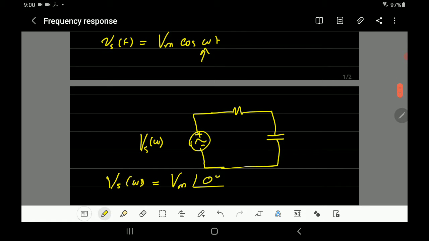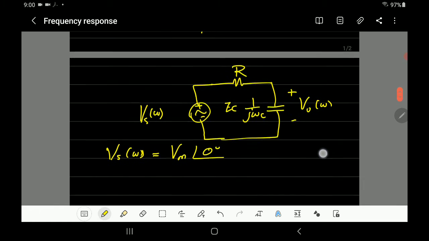The resistance stays the same, and the capacitor will be 1 over j omega C, that's ZC, and the output will be V output capital of omega. By the way, in the frequency domain, we use capital letters to express the variables.